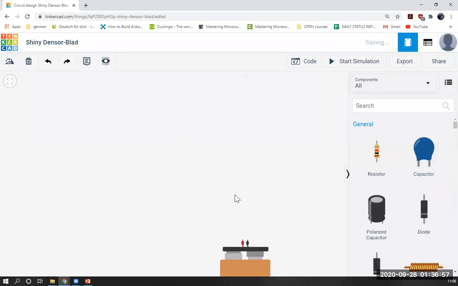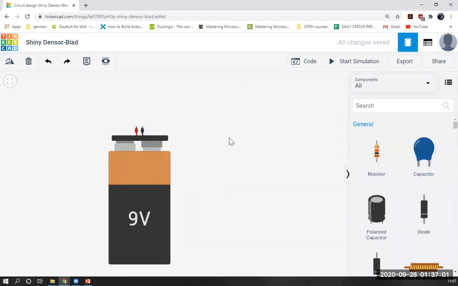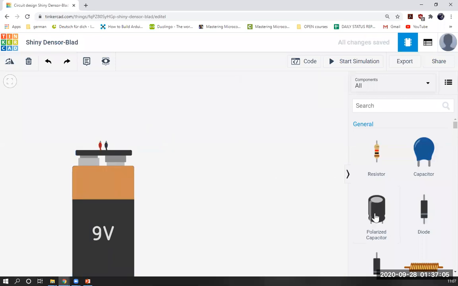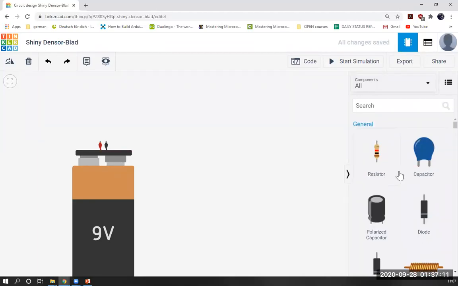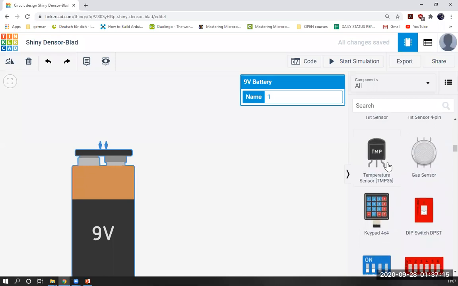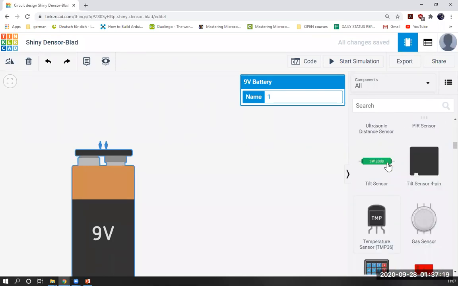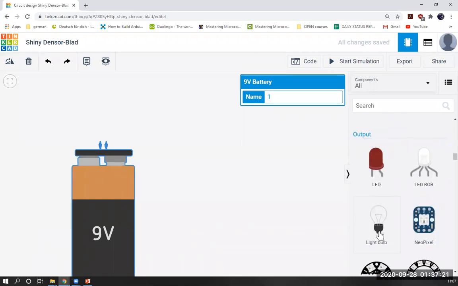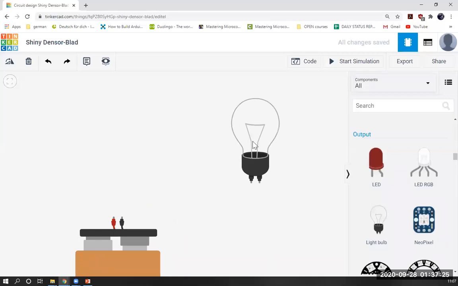Okay. So let's try to do one circuit. Actually, we connect this capacitor in this fashion across the battery, across the source. So let's get one bulb and see what is actually happening.